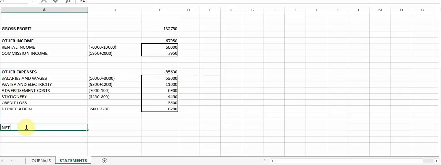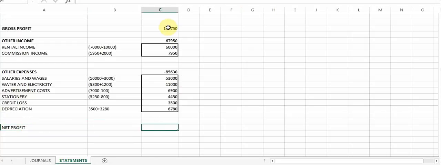So now I need to get to net profit. So how do I get to net profit? I will say the gross profit of 132,750 plus other income minus other expenses, and that will give me a net profit of, I'm going to tell you now, 286,330.